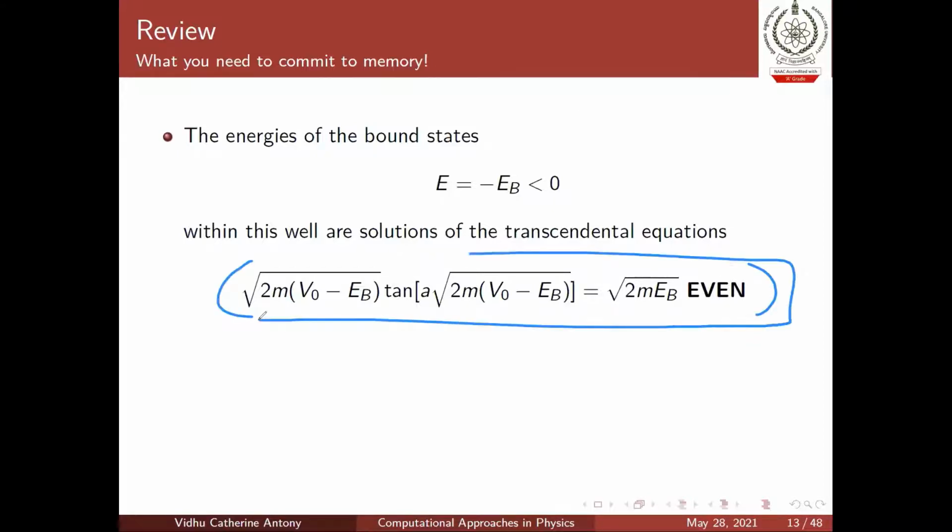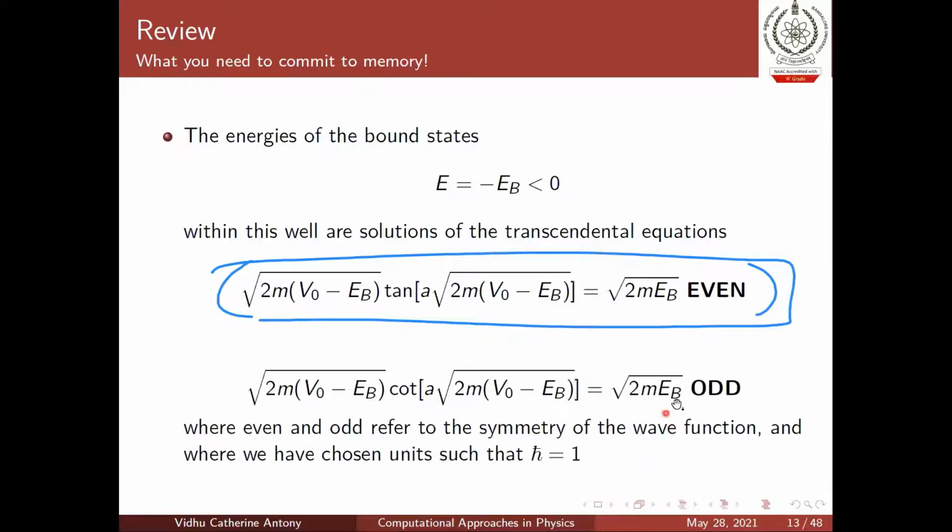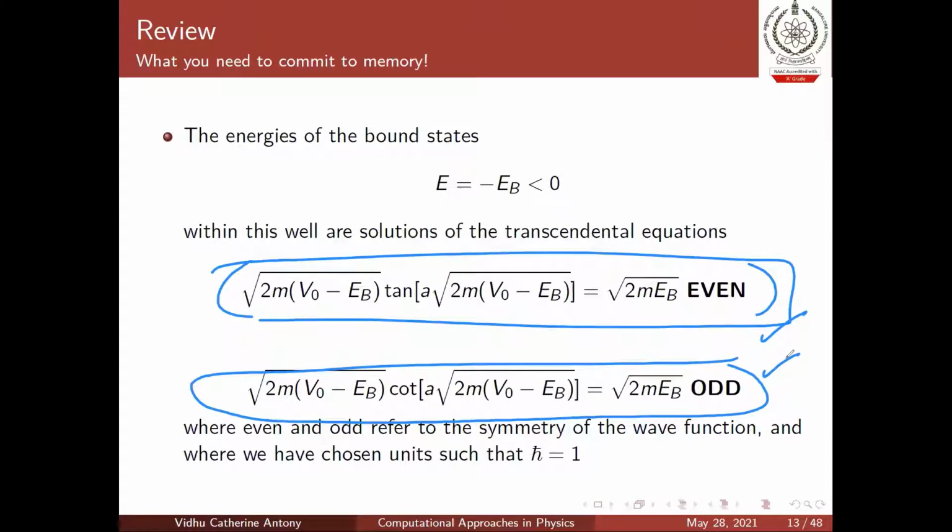This has to be committed to memory. And you also have to remember this for your odd case. You don't have to remember all the history behind it. What you need to remember is these two. And what are these going to tell you? These are going to tell you the eigenvalues of your infinite square well potential.